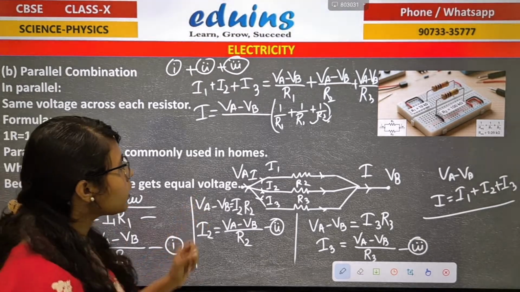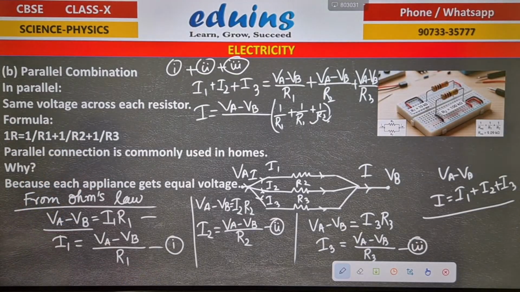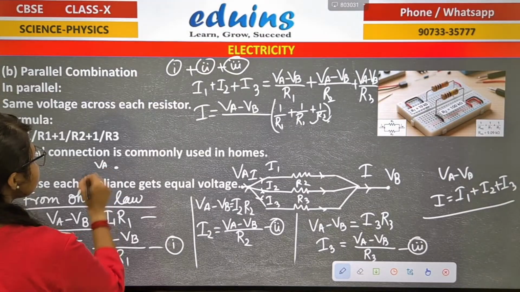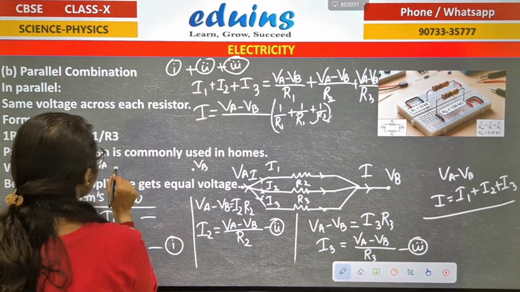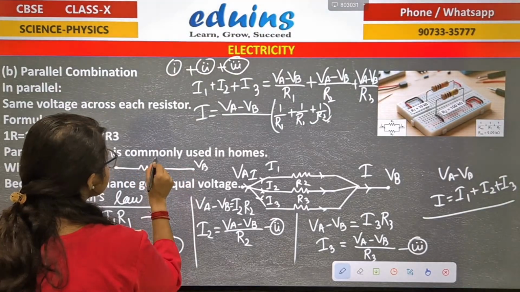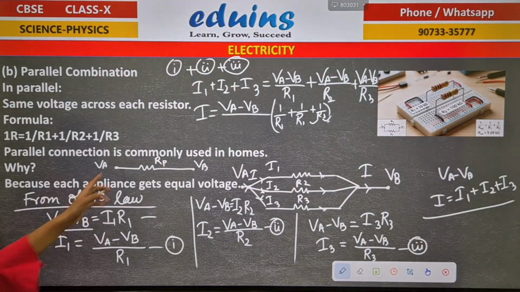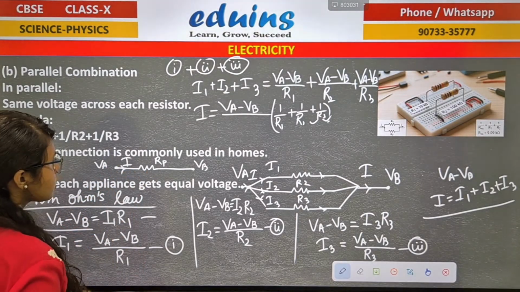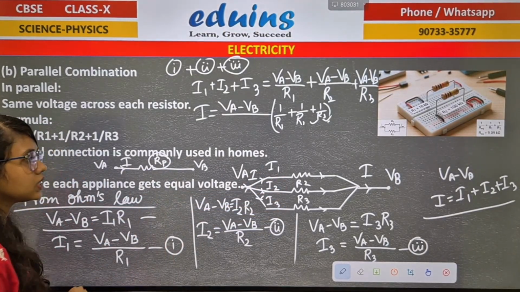Now, for this circuit we have to add an equivalent resistance. This is the potential VA and this is the potential VB. This is the equivalent resistance, which we write as RP. The current I passes through it. So this is the equivalent resistance for these 3 resistances.